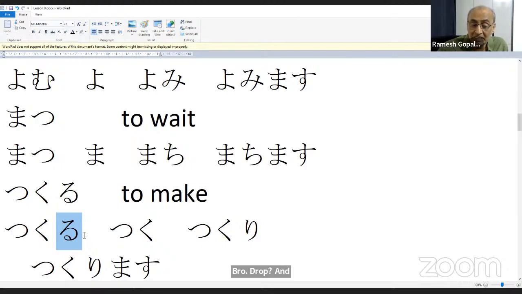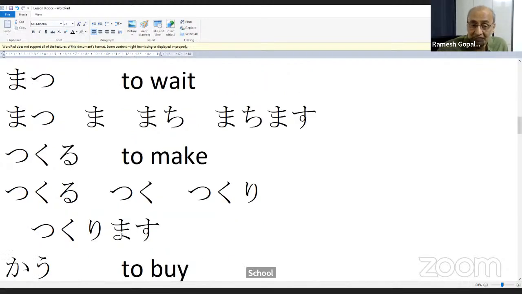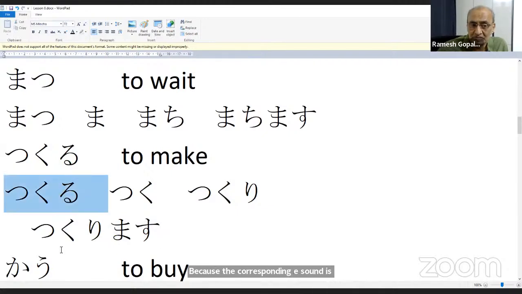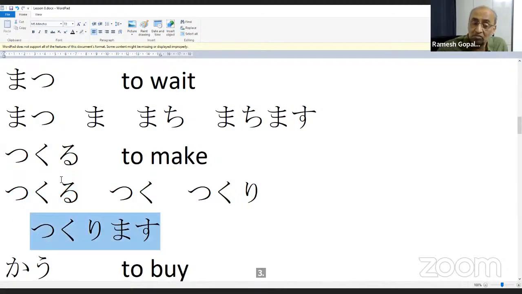Ri, because the corresponding e sound is ri. And then what do you do after that? Add mas. Tsukurimas. So what is the dictionary form? Tsukuru. What is the mas form? Tsukurimas. And what does it mean? To make.